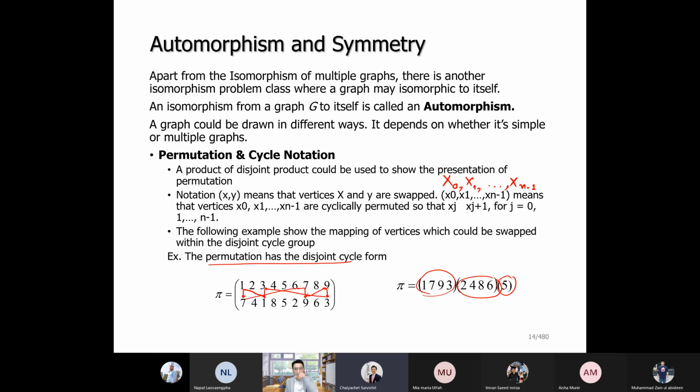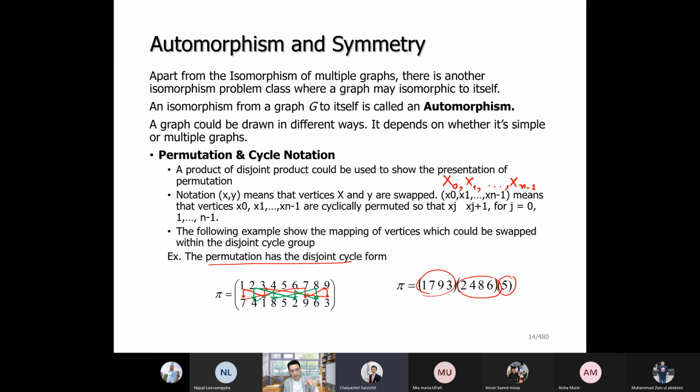So that is a cycle of mappings. Another cycle that we have here is 2 maps to 4, 4 maps to 8, 8 maps to 6, and 6 maps back to 2, and 2 maps to 4, and so on.